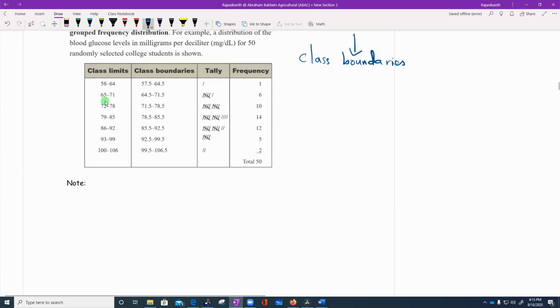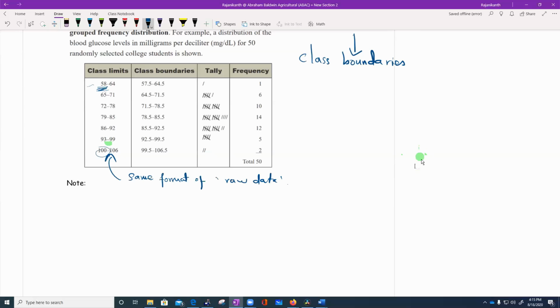Now the class limits should have the same format as your raw data. The class limit numbers should all have the same format as the raw data. What does that mean? Suppose you have all the raw data in whole numbers, integers, that means your class limits also should be integers.